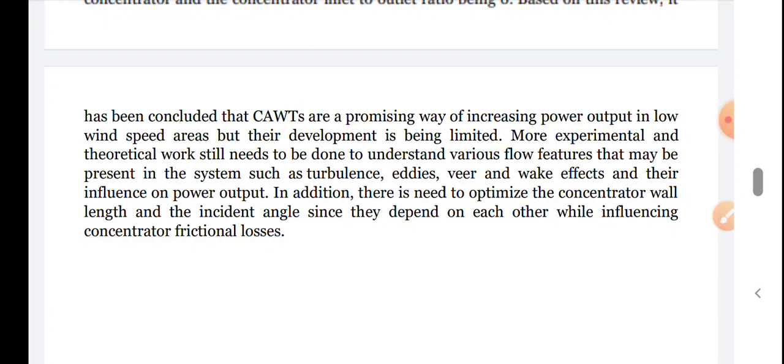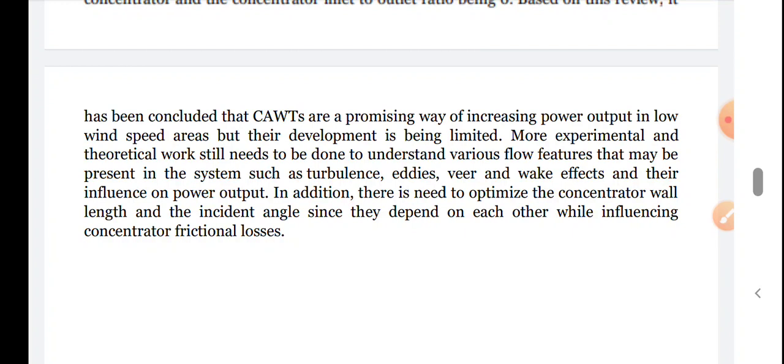And what is the wake effect? A wind turbine extracts energy from the wind, and downstream there is a wake from the wind turbines where wind speed is reduced. As the flow proceeds downstream, there is a spreading of the wake, and the wake recovers towards the free stream conditions.